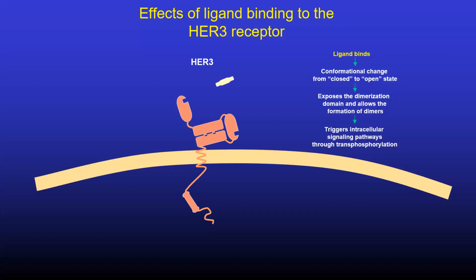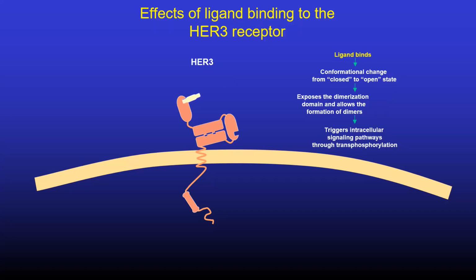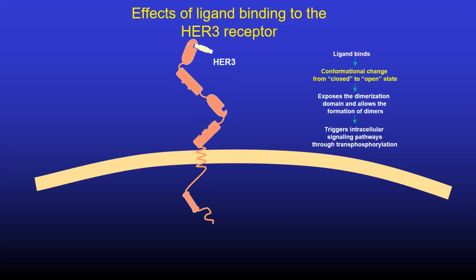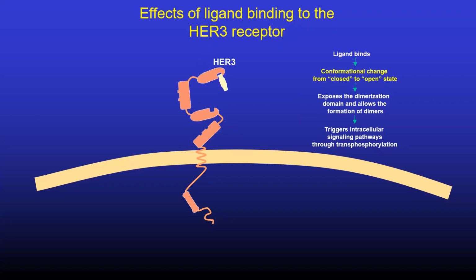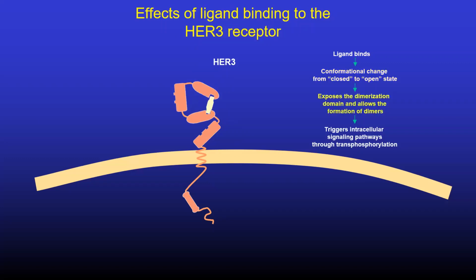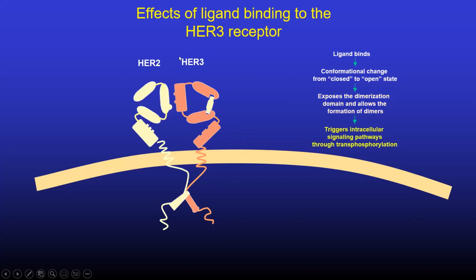HER3 is another receptor. There are 4 receptors, HER1, 2, 3, and 4. HER3 gets activated when a ligand, a protein, binds to the HER3 on the outside of the cell. This induces the receptor to do what we call a conformational change. It unfolds. And that opens up this binding site here, where HER2 can bind to it.